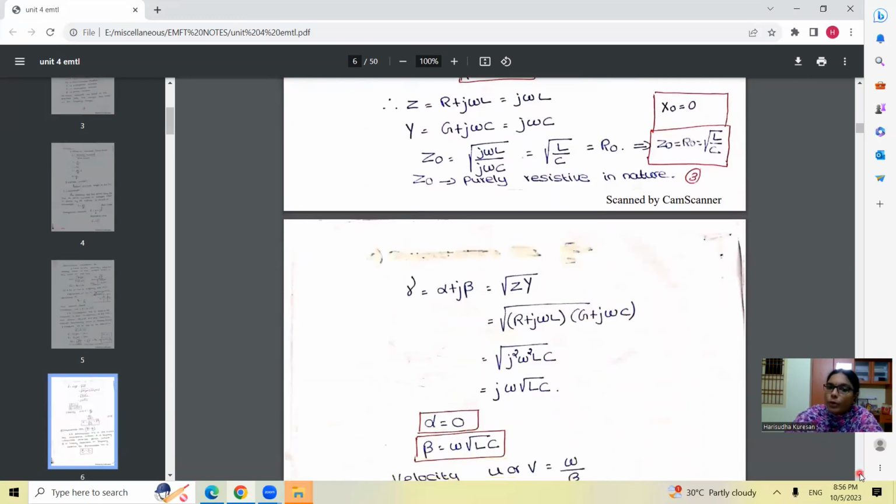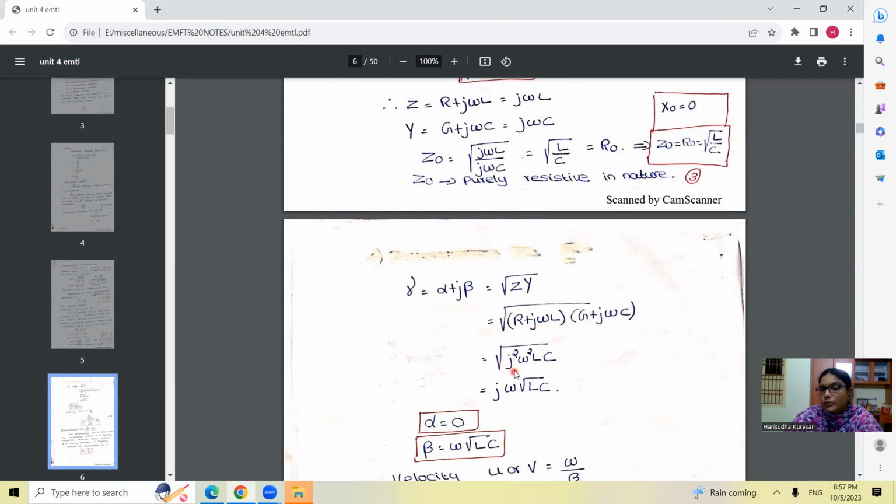We also have another formula called the propagation constant gamma. Gamma is equal to alpha plus jβ, where alpha is the attenuation constant and beta is the phase constant. We can also write the propagation constant as the square root of Z into Y. Substituting Z as R plus jωL and the shunt admittance as G plus jωC, and knowing the condition for the lossless line is R equal to G equal to 0, the R part and G part get cancelled and you get jωL into jωC.